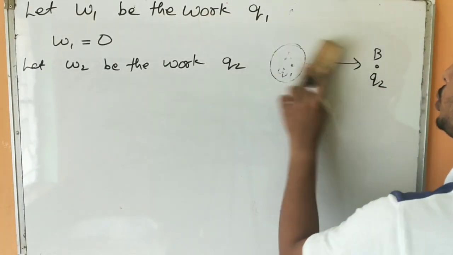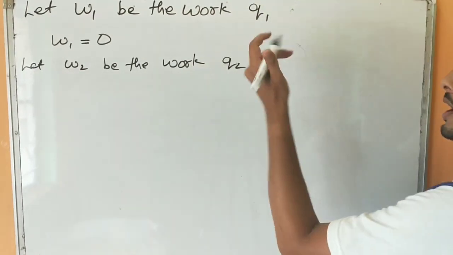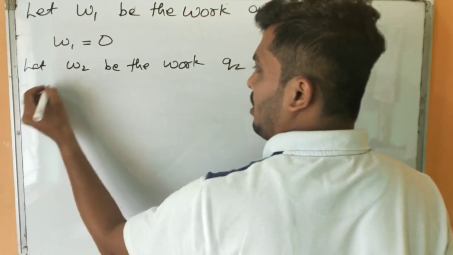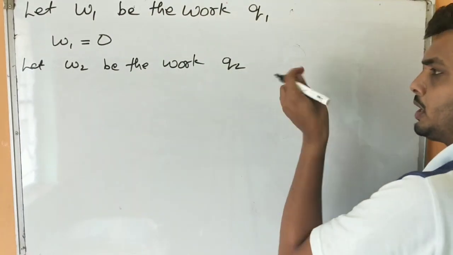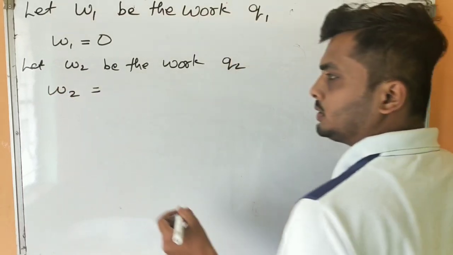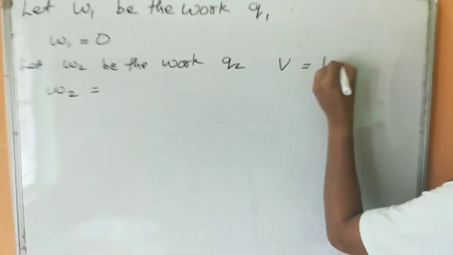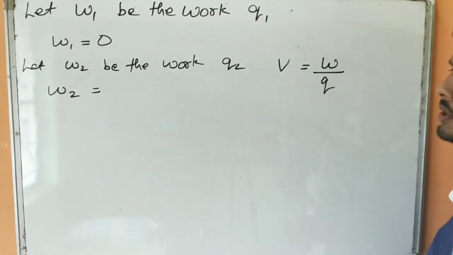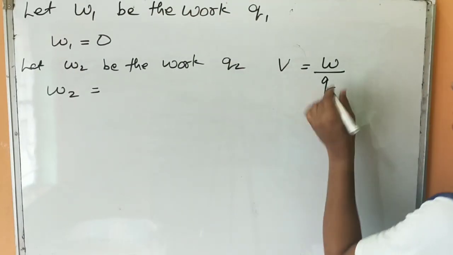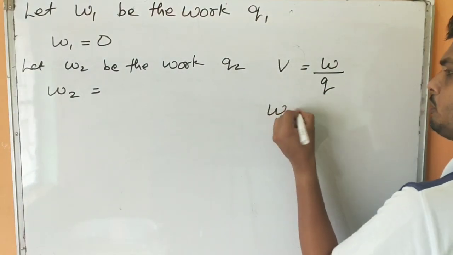So let W2 be the work done by the charged particle in bringing the charged particle to the point B. So W2 will be nothing but what? What will be W2? You know that potential V is nothing but work done by unit charge or the test charge. Potential is nothing but work done by test charge. So from this, work done will be what?